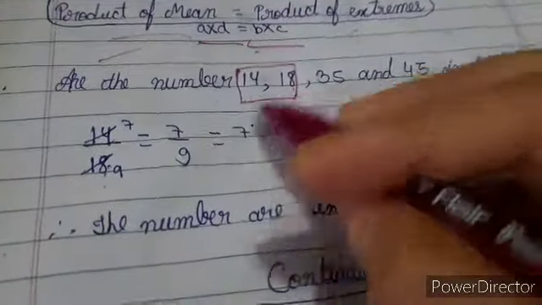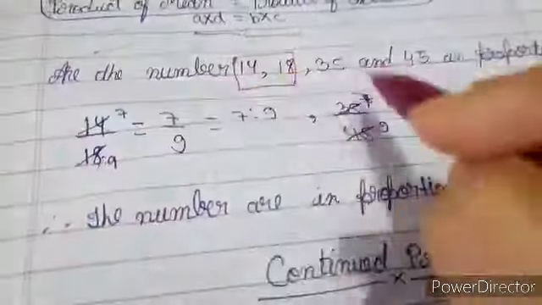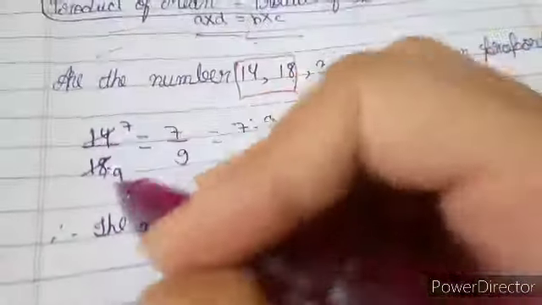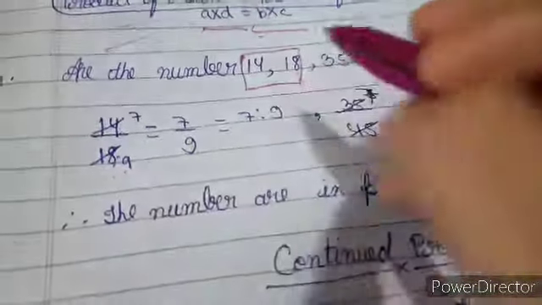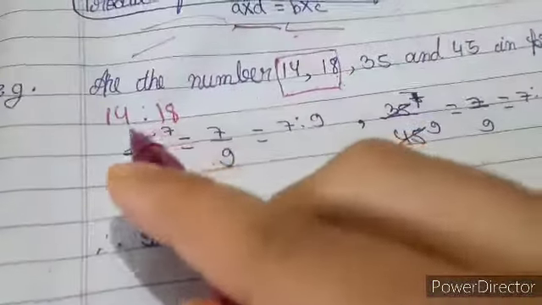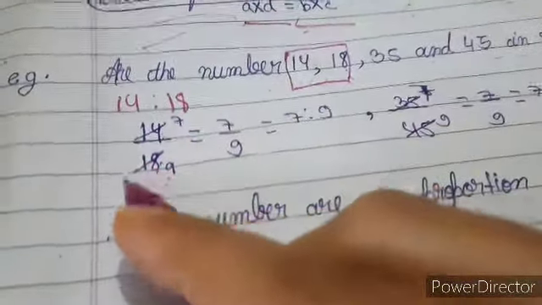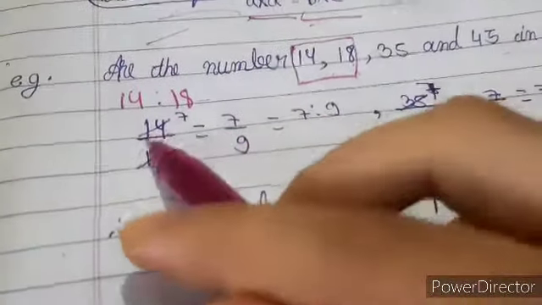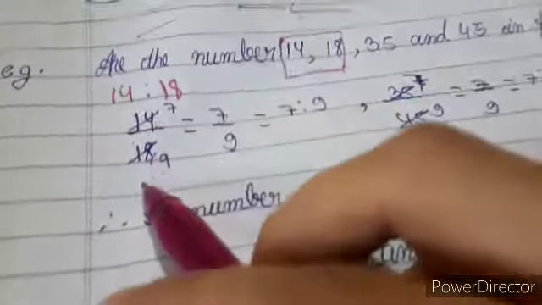These two I will take first. When we write first 14 is to 18, this we can also write as 14 upon 18. Now we will find the shortest form of 14 upon 18.